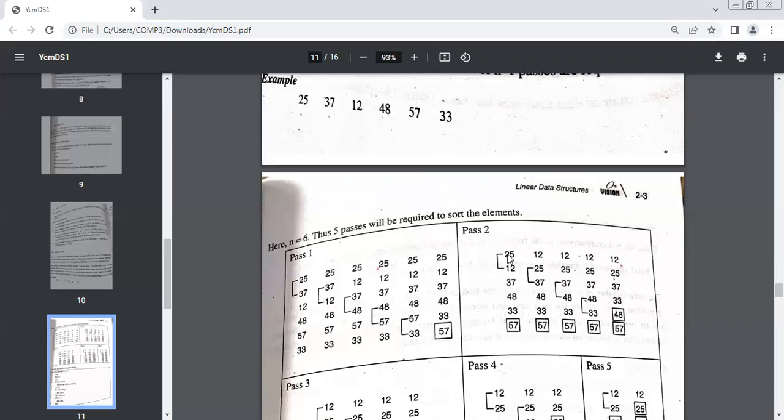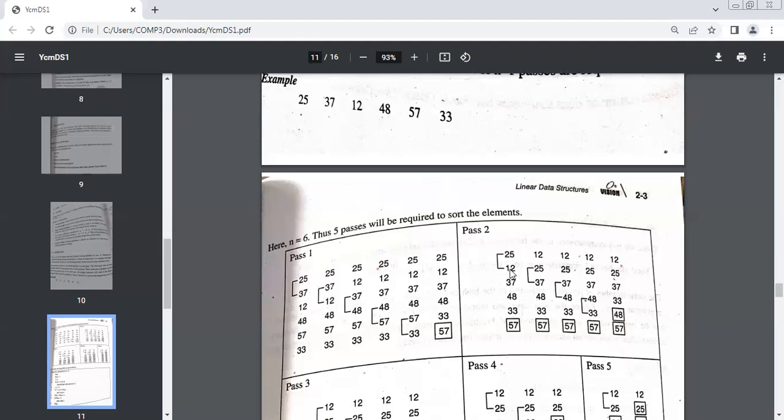Again second pass, first element is compared with second element. If there is any swapping, perform that swapping. If no need to change the elements, then keep those elements as they are.